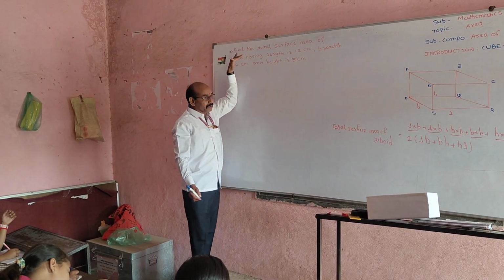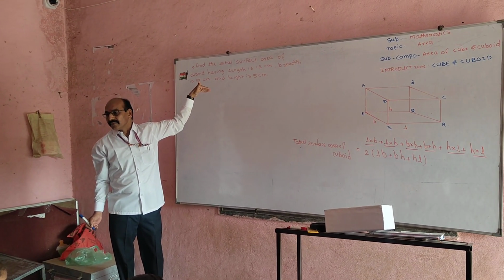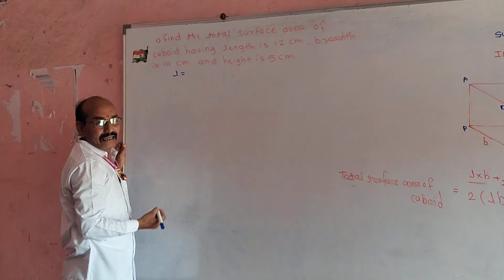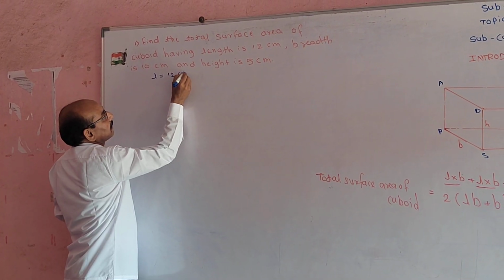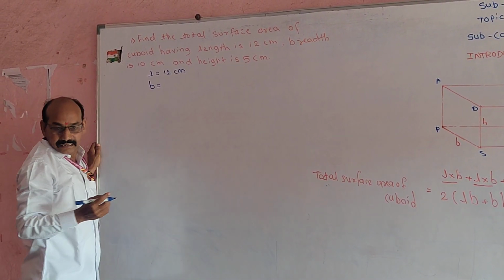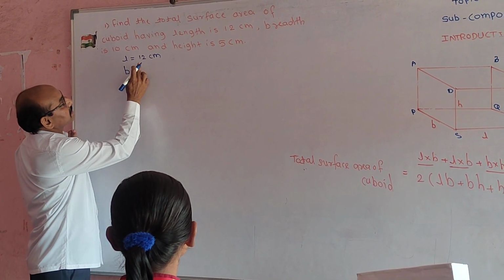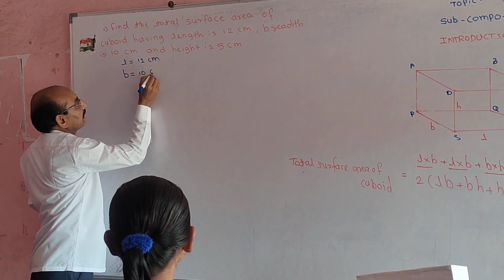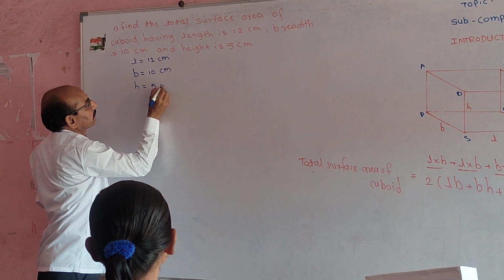Length, denoted by L, is 12 centimeter. Breadth is 10 centimeter and height is 5 centimeter.